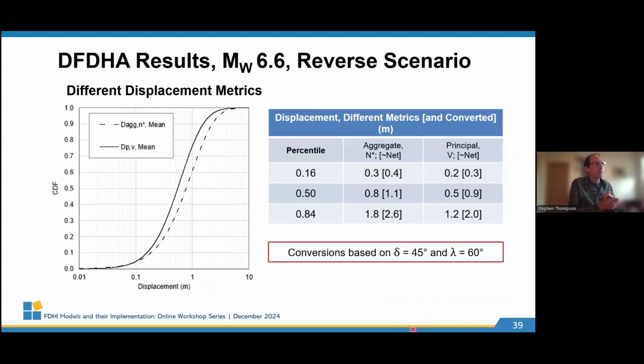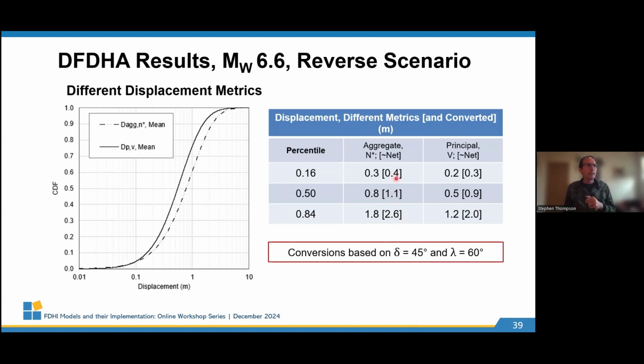And here, this will be my last slide. Here, we're looking at a comparison between the single principal vertical model that's shown in the solid line versus the dash-dot line of the aggregate model. And what we're showing here are the values using the displacement measure, and then in brackets showing the computed net displacement using a dip of 45 and a rake angle of 60 degrees.